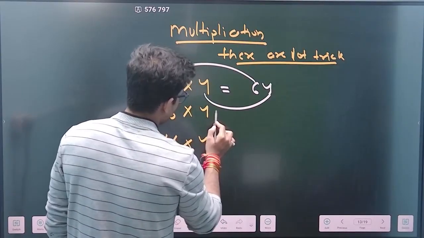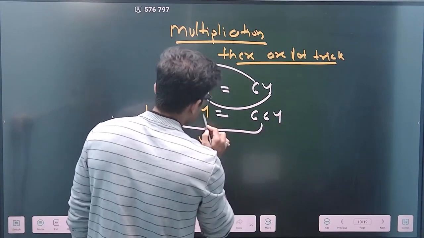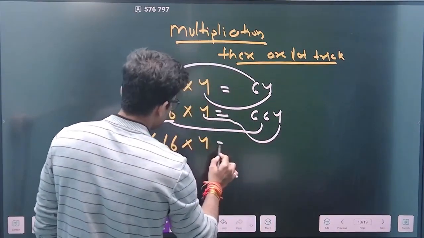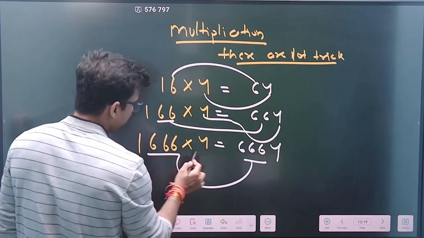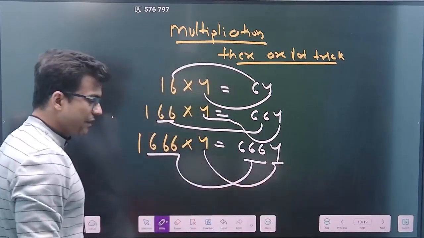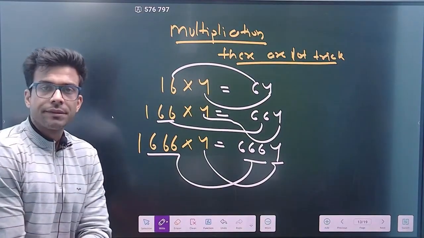The answer would be 664, this 66 and this 4. The answer would be 6664, this 666 and then 4. These are tricks that you should keep in mind.